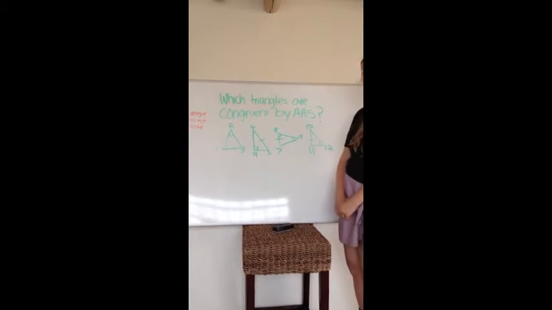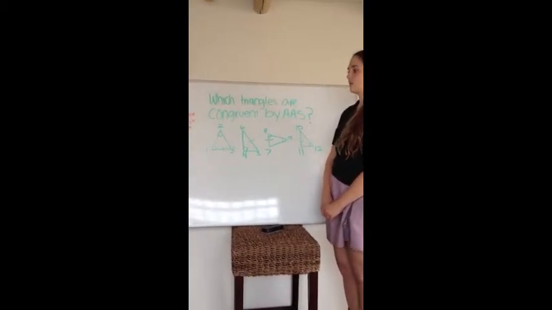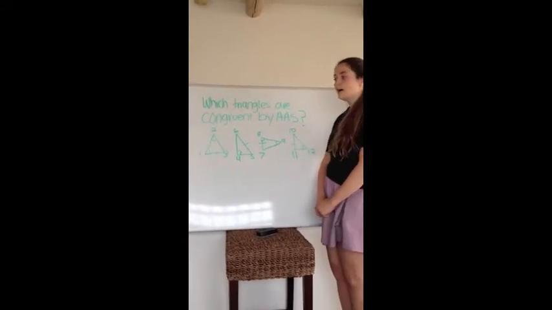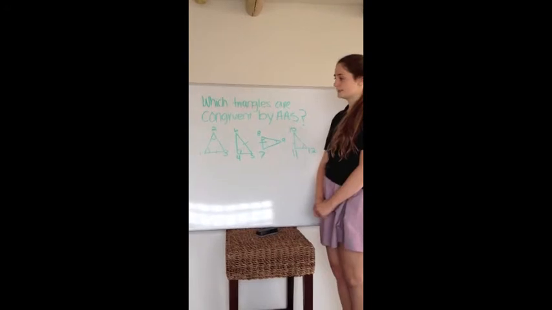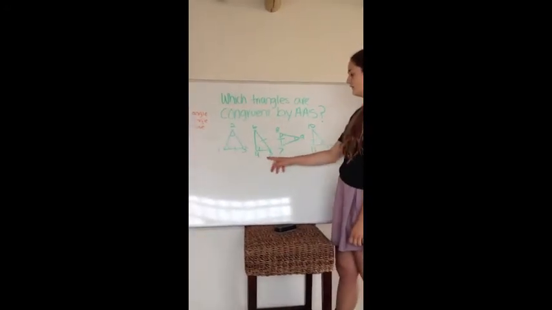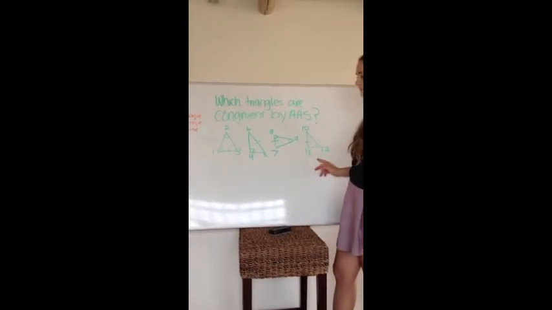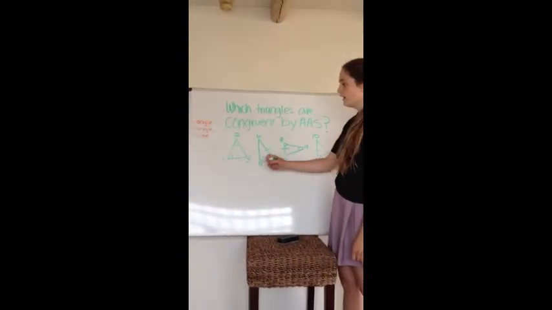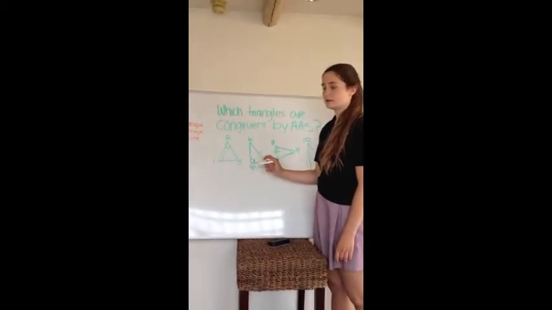Which triangles are congruent by AAS? In AAS, we have to have a congruent angle, another congruent angle that's also included, and a congruent side. So we have triangle 1, 2, 3, triangle 4, 5, 6, 7, 8, 9, and 10, 11, 12. Triangle 1, 2, 3, we have two angles and a side, and one angle is also included.